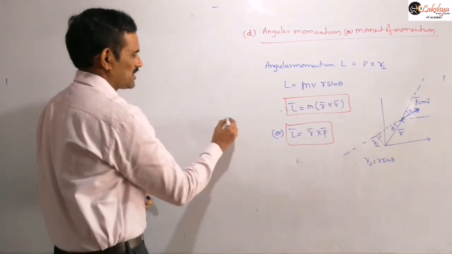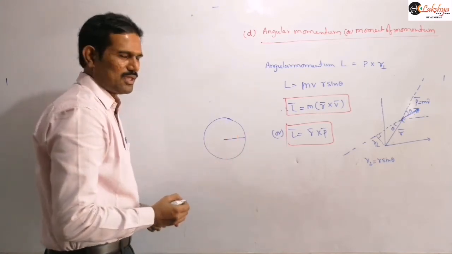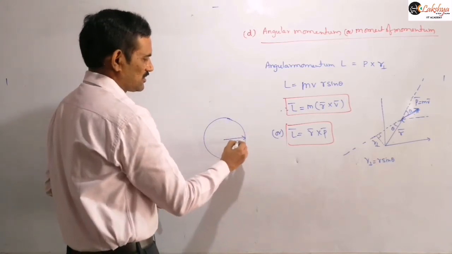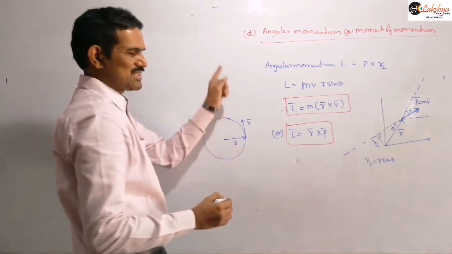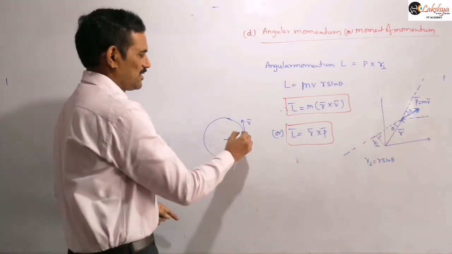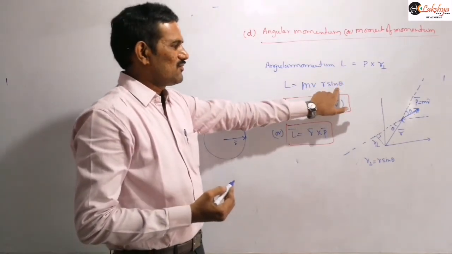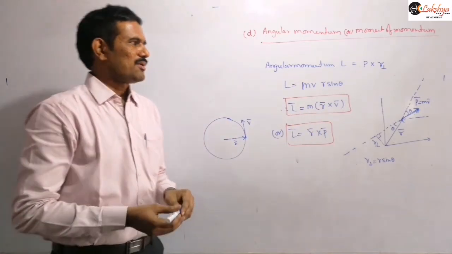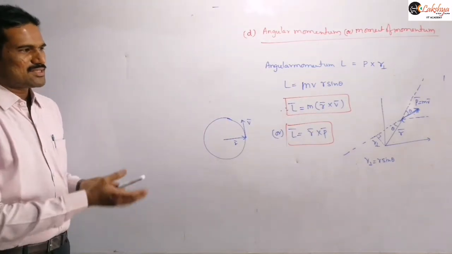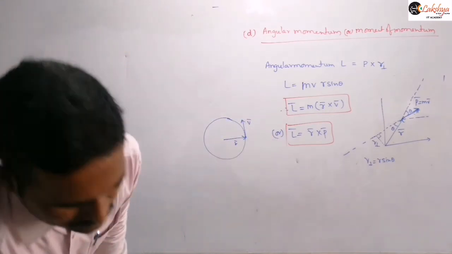If the particle is revolving around a circular path, then the r bar direction will be like this, and the momentum or velocity will be along the tangential direction. So the angle between them will be 90 degrees, so we write mv r sin 90, and in case of circular motion you can write angular momentum as mvr. If it exists at an angle, then we need to write that angle there, right?